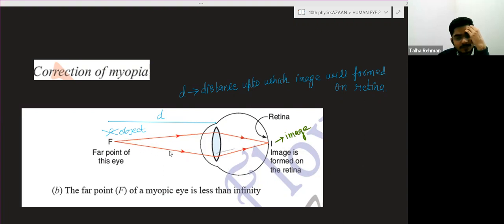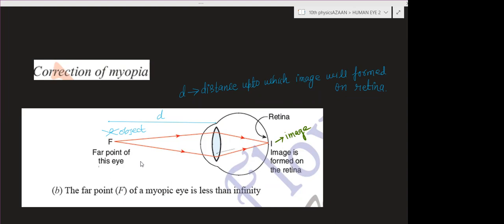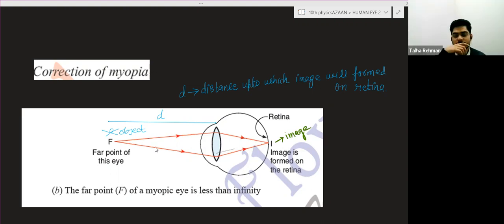Diverging rays, na? Why? Because this is a nearby object. Not the nearby object. Can you tell me the answer? One minute, sir. Okay, write down. No problem.